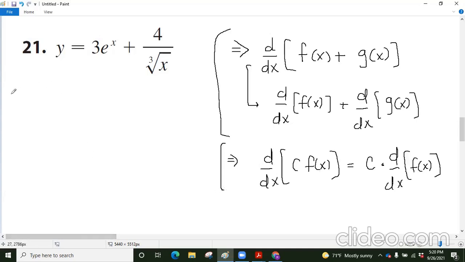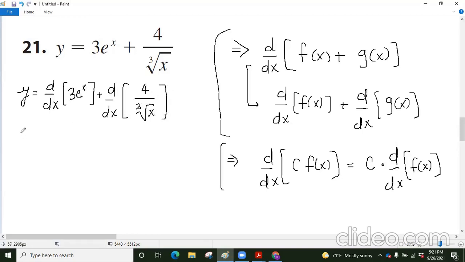So in this case, y will equal the derivative d over dx of 3 raised to the power e to the x plus the derivative of 4 over 3 under root x. And this would essentially just be y equals 3 times the derivative d over dx of e to the x plus, because of course we're pulling that constant out, sort of in obligation to this rule.